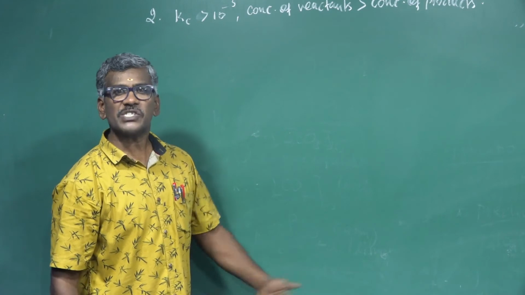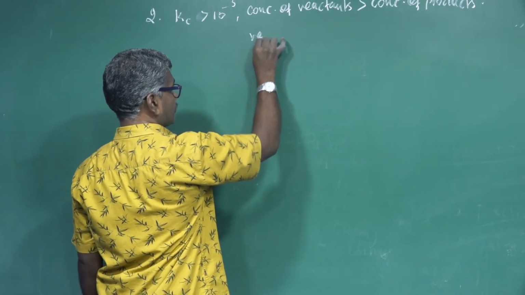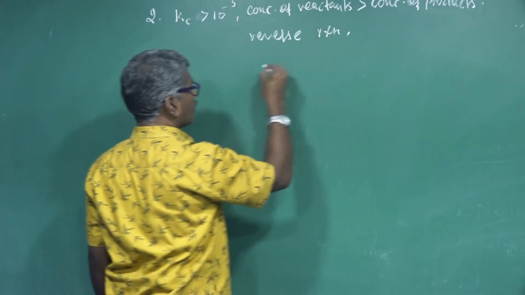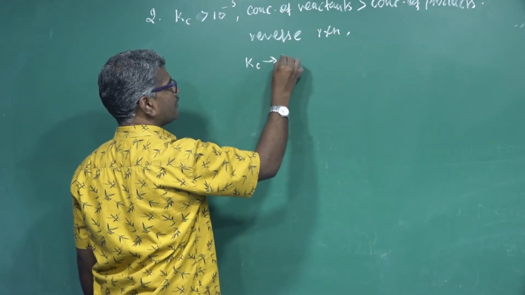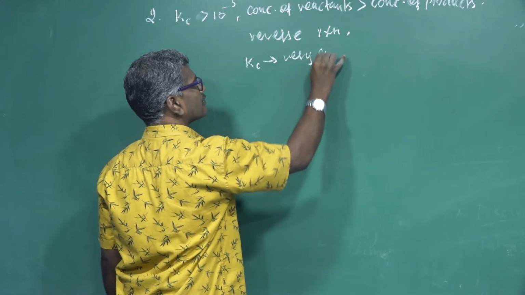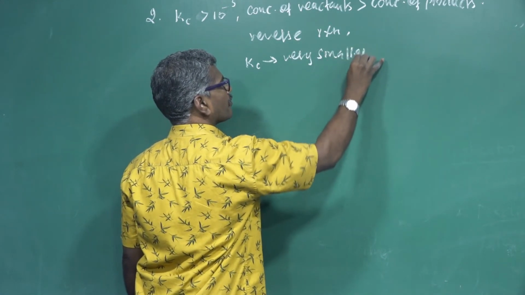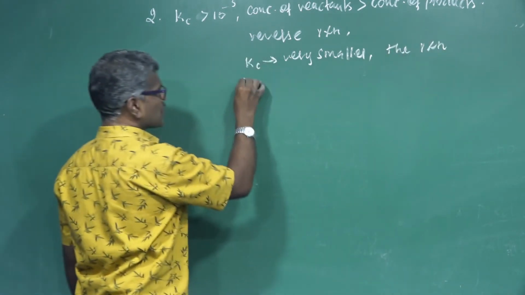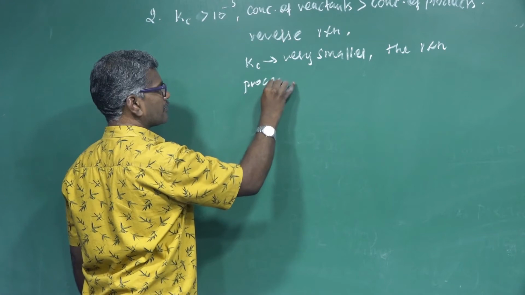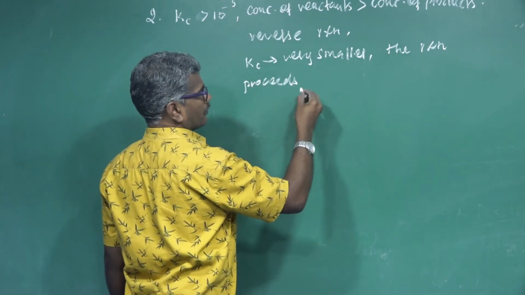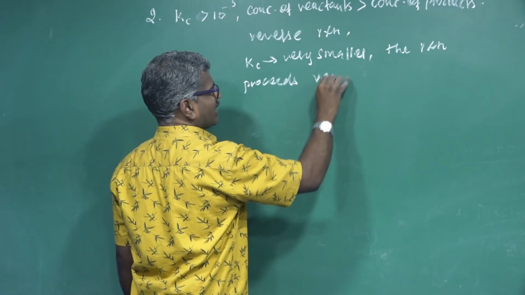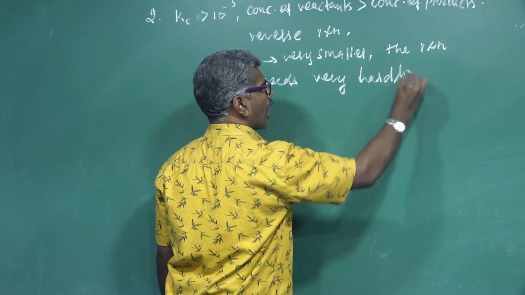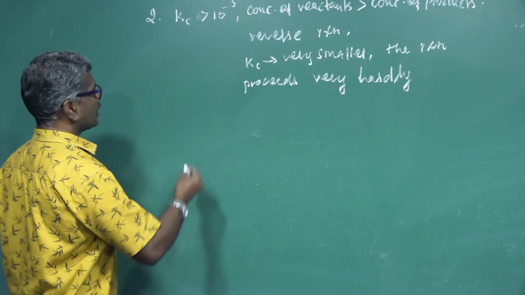So the reverse reaction takes place. Here Kc value is very small. The reaction proceeds very hardly or rarely.